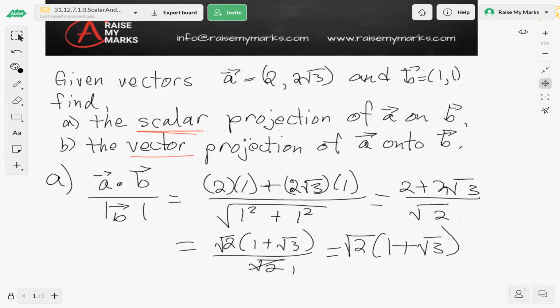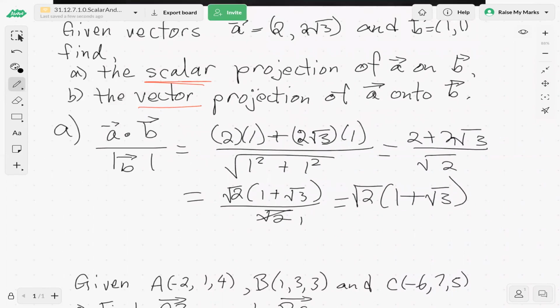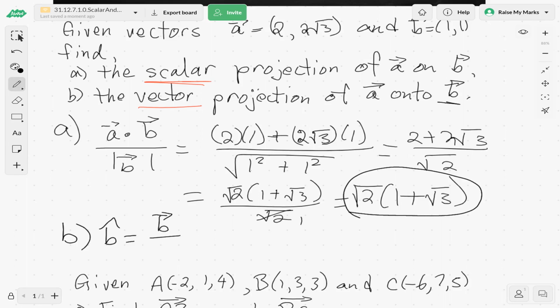So now our vector projection. So the vector projection is this value here times the unit vector in the direction of B. So we need to find this unit vector. So it's the vector B over the magnitude of B. We actually calculated the magnitude of B, but why don't we calculate it again?